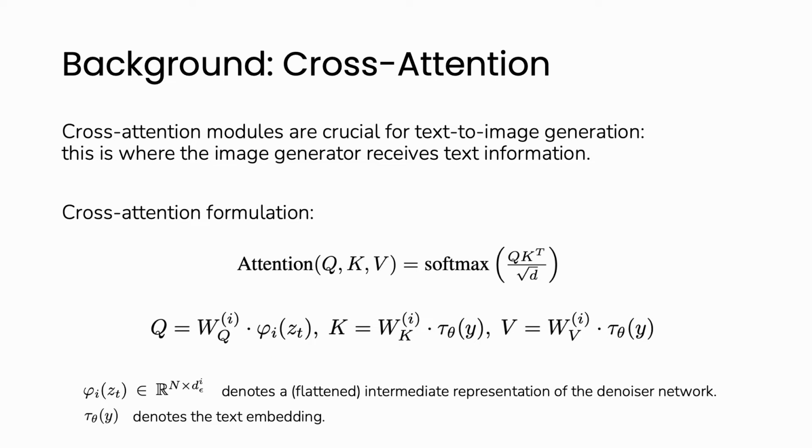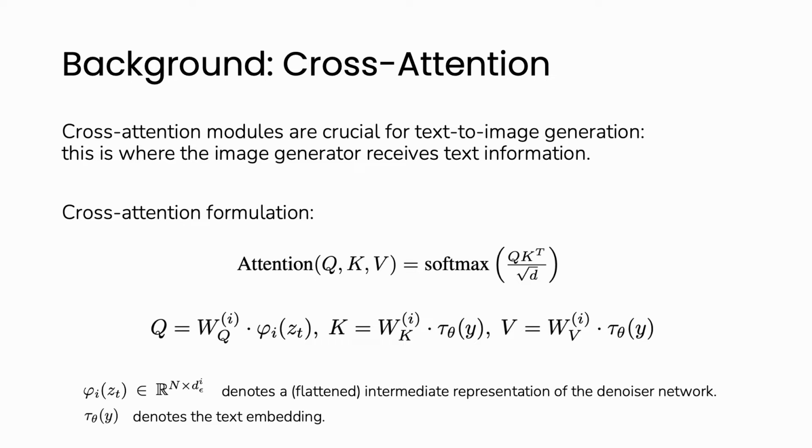Our method is based on the latent diffusion model called Stable Diffusion. Stable Diffusion can control the output of the image generation given different conditions, such as tags, semantic maps, and depth maps, with the mechanism called cross-attention. Here we mainly focus on text as our condition.